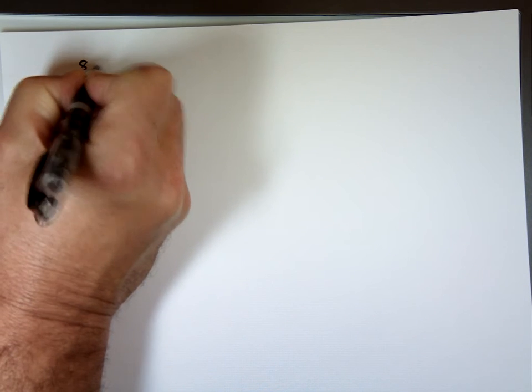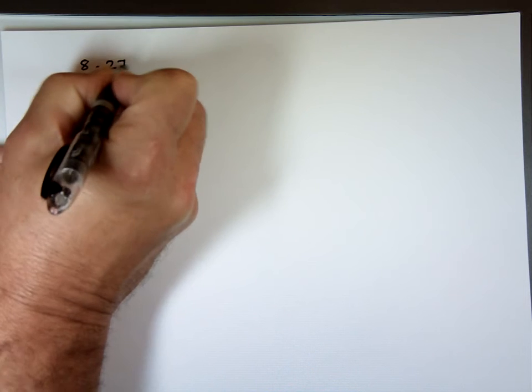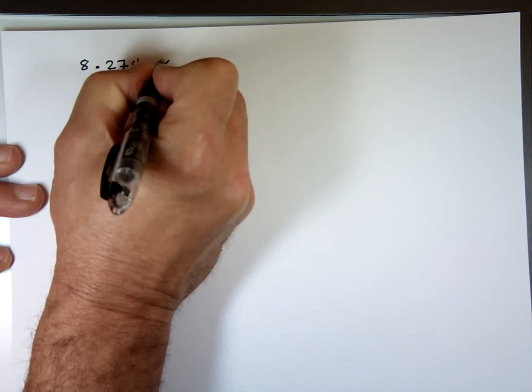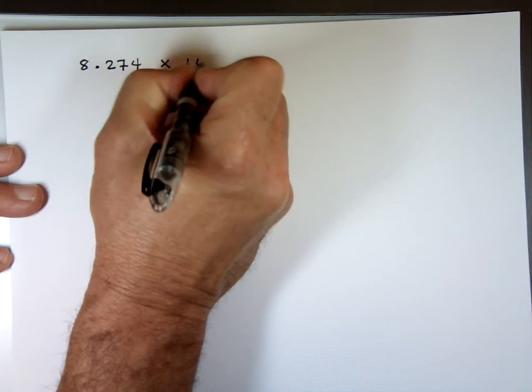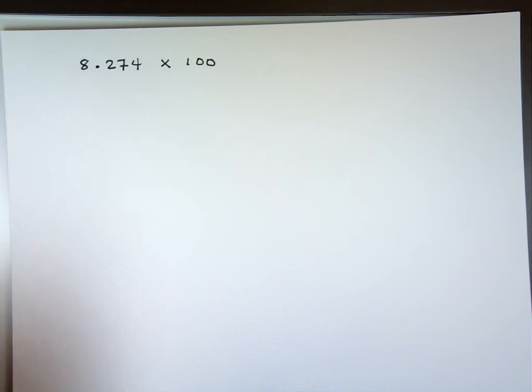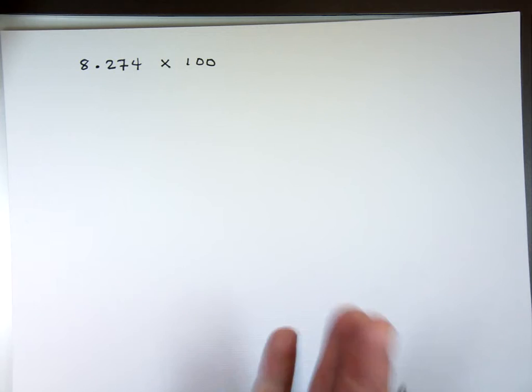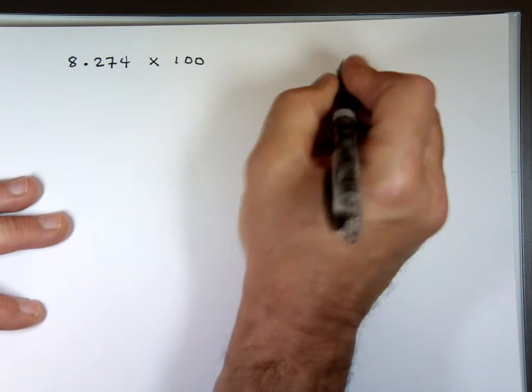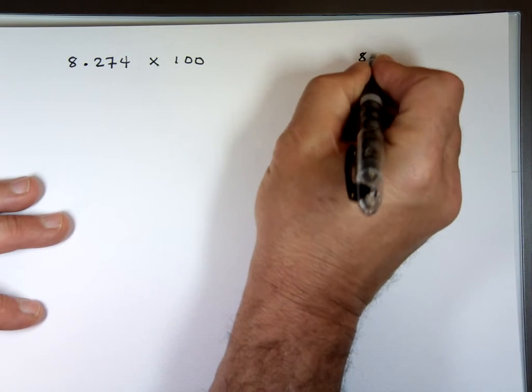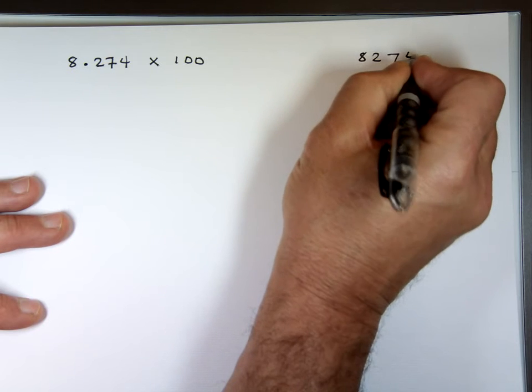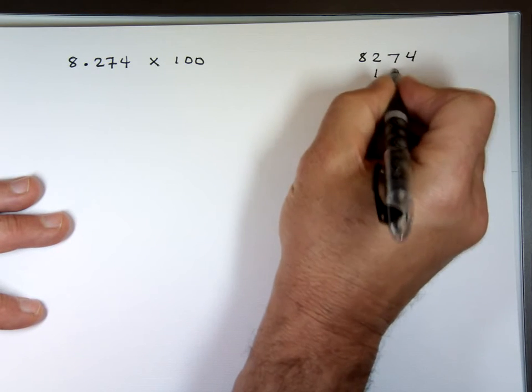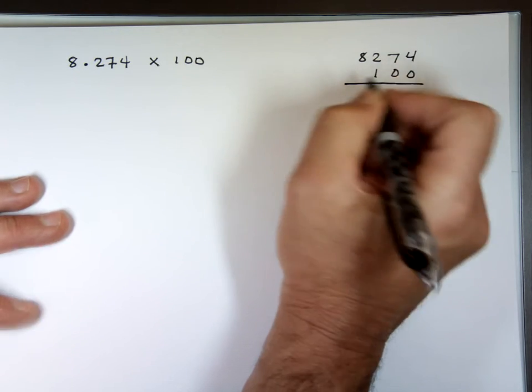If I have 8.274 and I want to multiply that by 100, nothing new here. So 8274 by 100. I wrote the numbers without the decimal point.